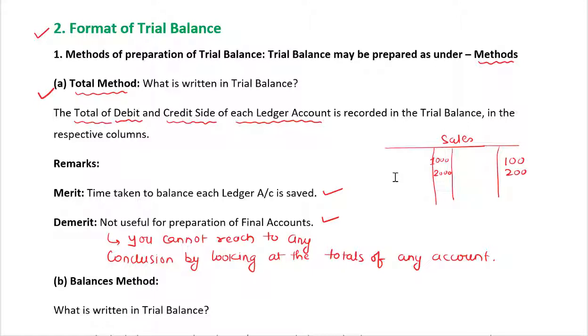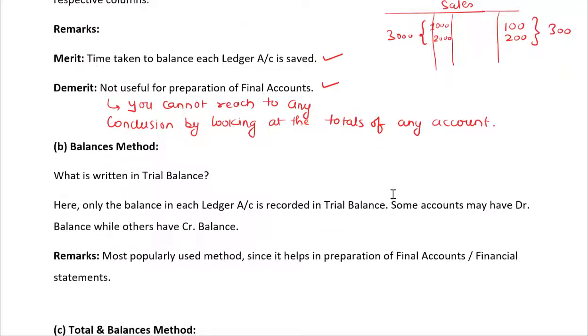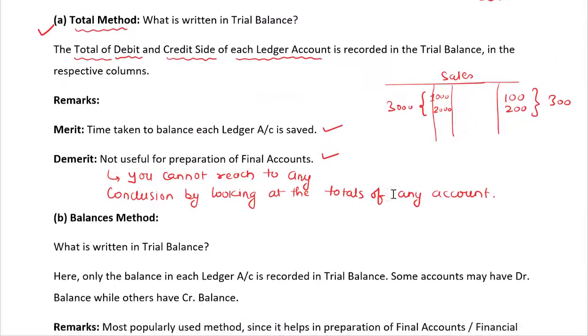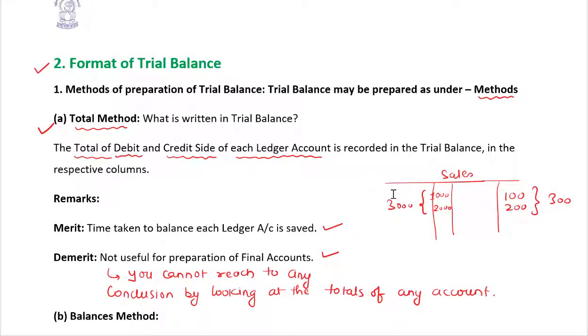In totals, while making the trial balance, on the debit side we will write 3000, this is 2000 plus 1000, and on the credit side we will write 300. Is it clear to all of you? We'll see an illustration and you will be able to understand this. Don't worry.